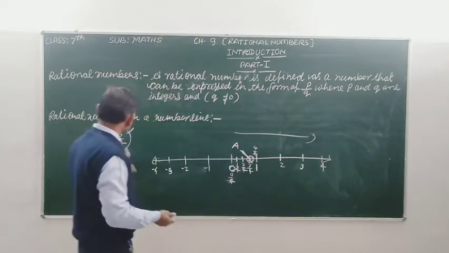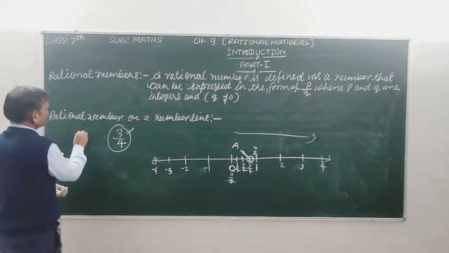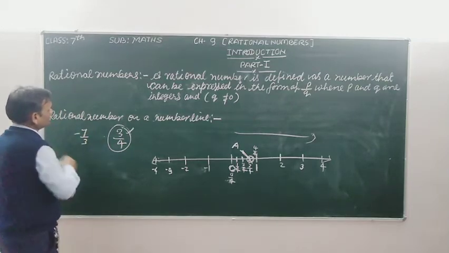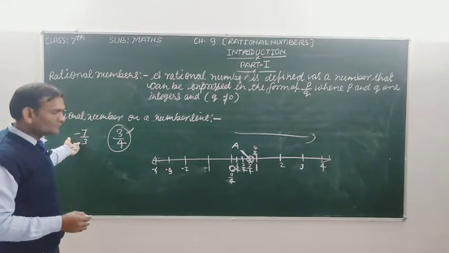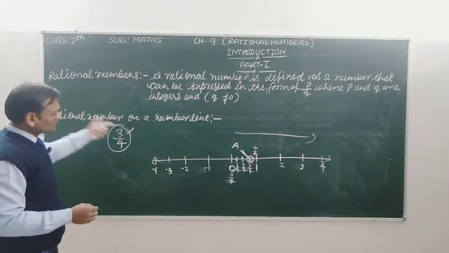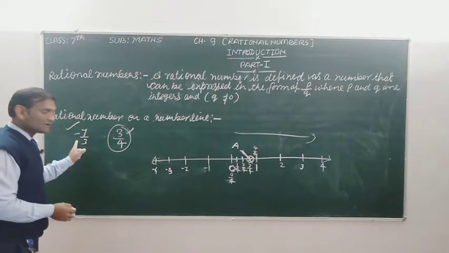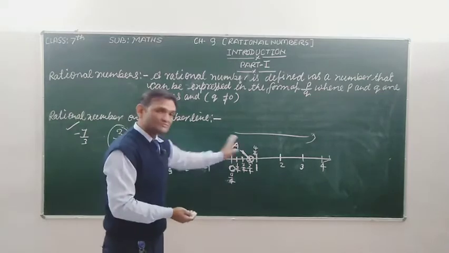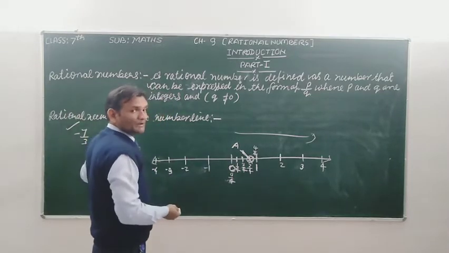If we have a negative rational number like this, -7/3, suppose that we need to represent it on the number line. So this is a negative rational number, so we have to move to the left side from the 0, because this is a negative rational number.